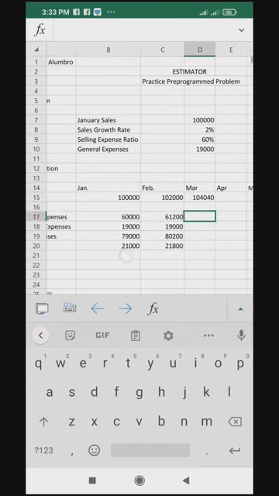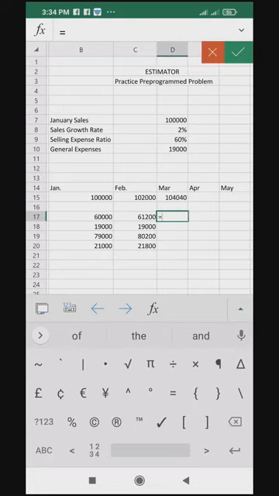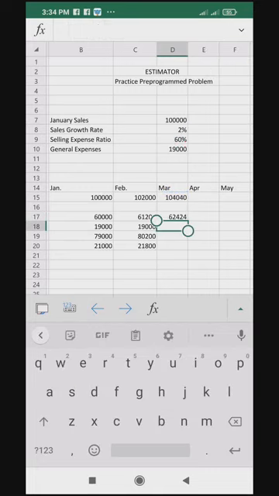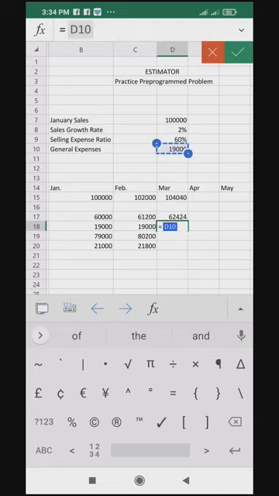And the selling expenses is equal to D15 times D9, 62,424. So the general expenses is equal to D10.